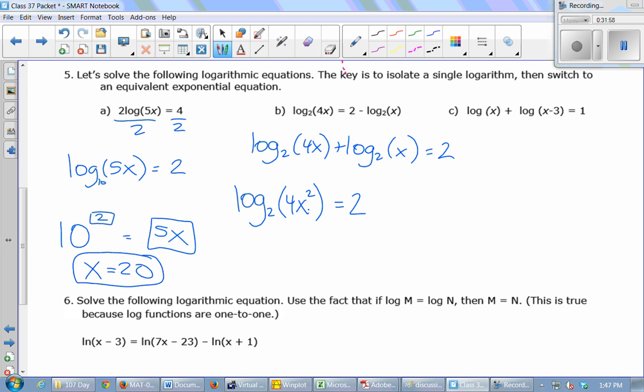Log base 2 of 4x squared equals 2. Change it to an exponential equation. What's my base? 2. So 2 to the something equals something. Yep, the input and output switch, so my 2 comes over here, my 4x squared goes over here.